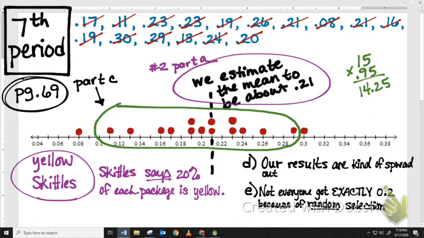How far apart are these two on the number line? How would I figure that out? The top value that I'm including, the bottom value that I'm including. Let's see.